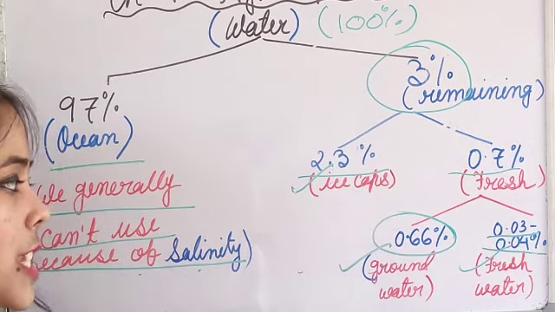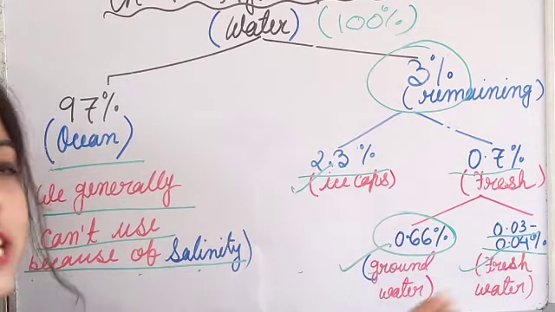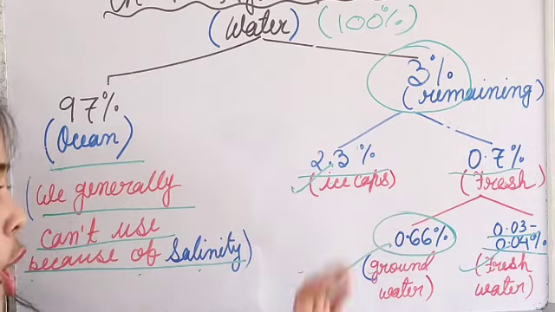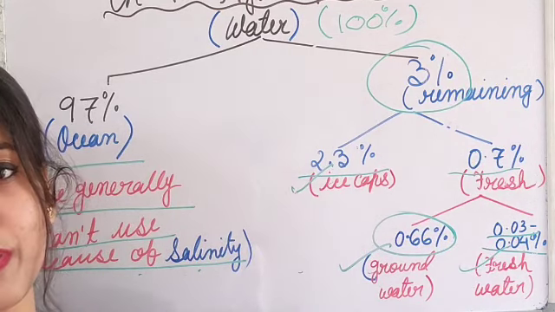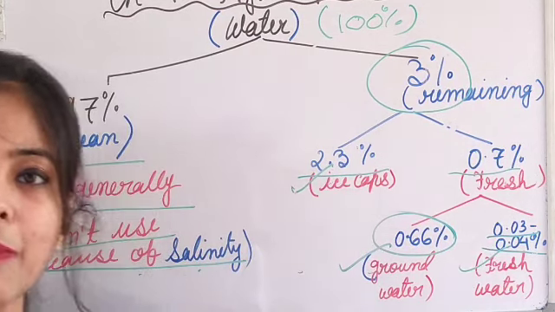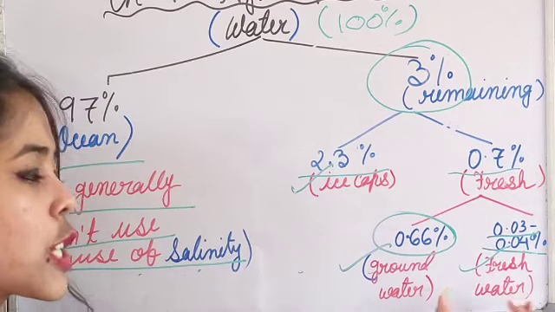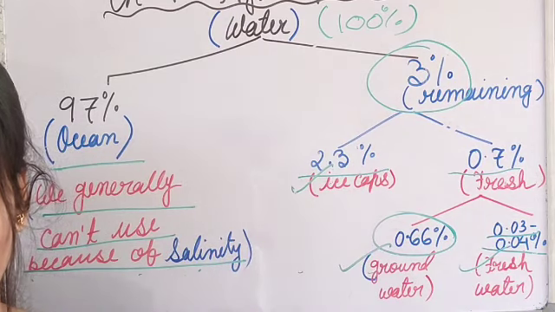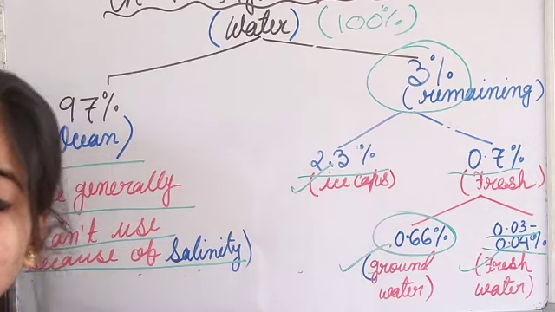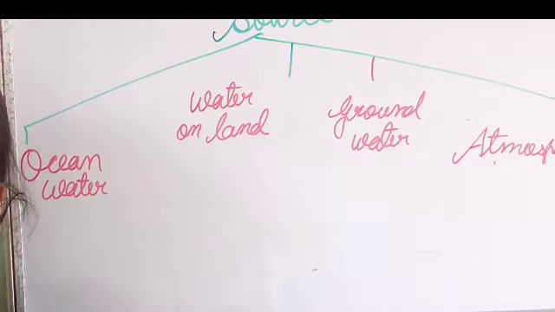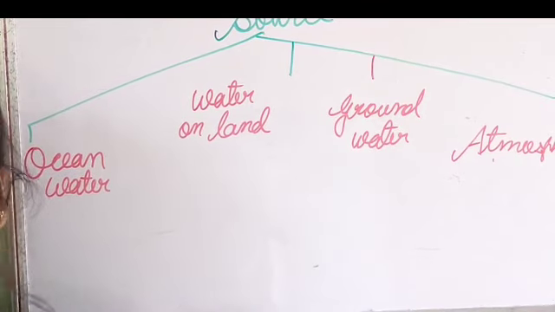In some books it is written 0.03, in some books it is written 0.04. This amount is really important for human beings and the other organisms present, because this amount of water is used as fresh water. So I hope this chart is more or less clear to you all, and this chart is really important for the objective questions.